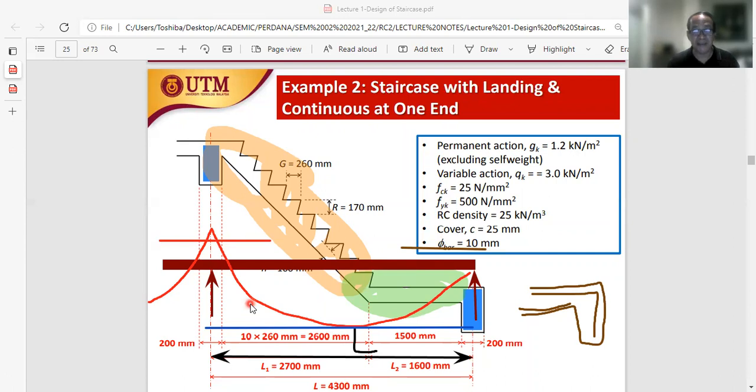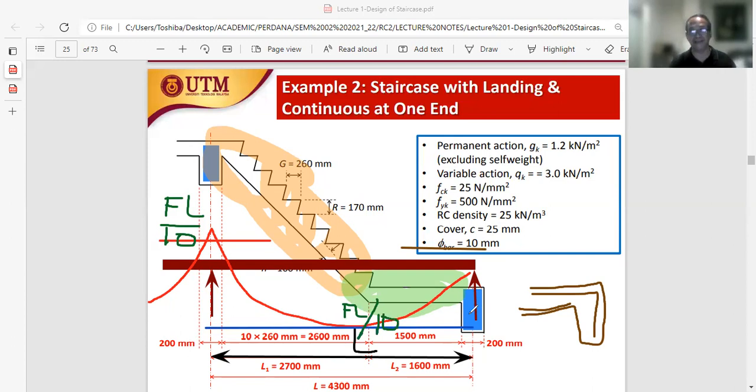So the staircase can be considered as a continuous staircase. And remember, for a continuous staircase, the bending moment value would be FL over 10. This would be the formula that we will be using to obtain the bending moment, FL over 10. And similarly for the positive bending moment, again, we'll be using FL over 10.